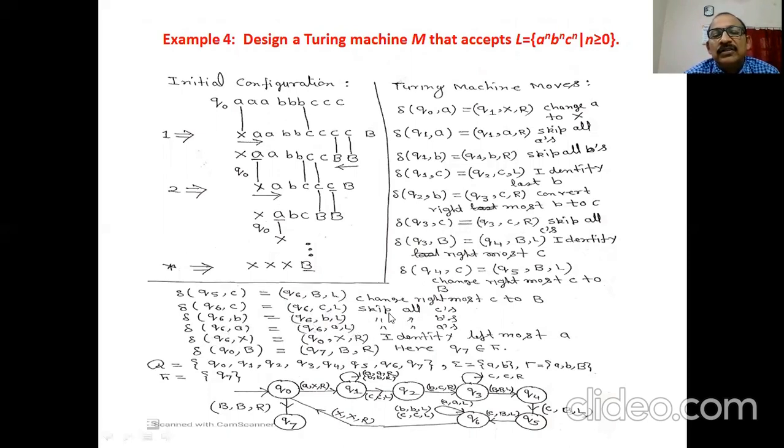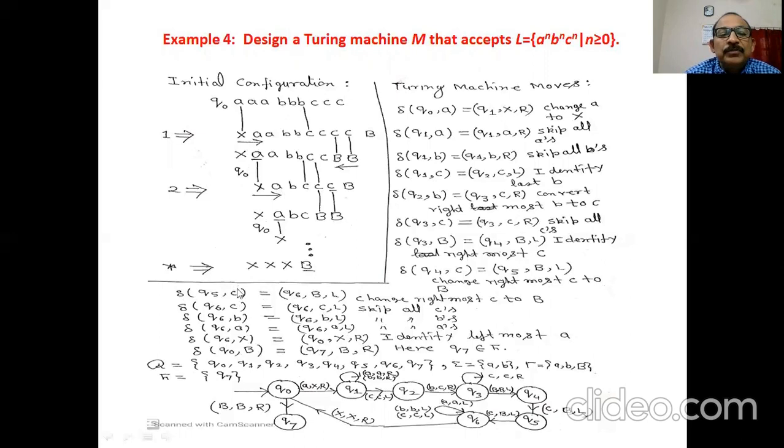What will happen if machine in state Q6 and X is encountered? We want to go to the state Q0, replace this X by X and move in the right direction. This way we identify the leftmost. And again we repeat the same process.